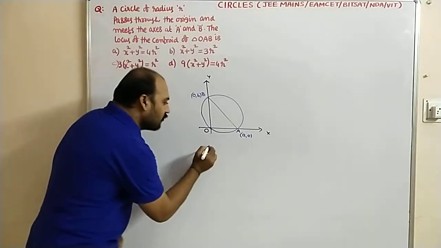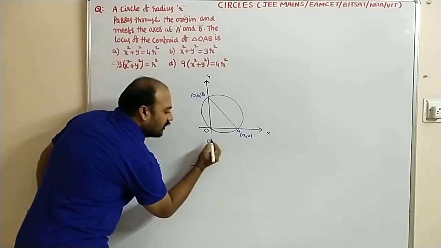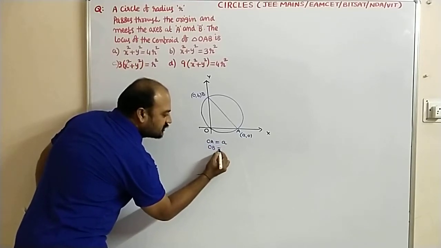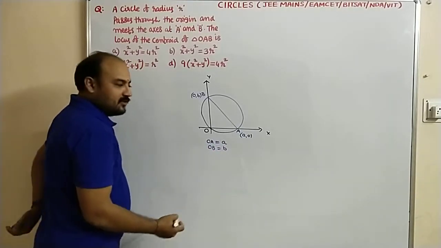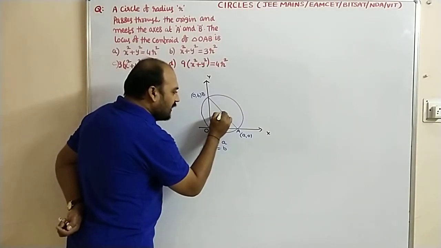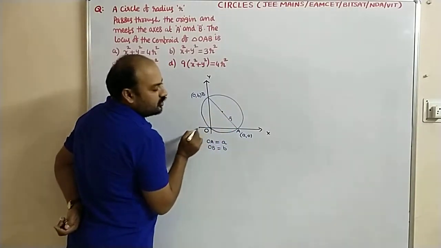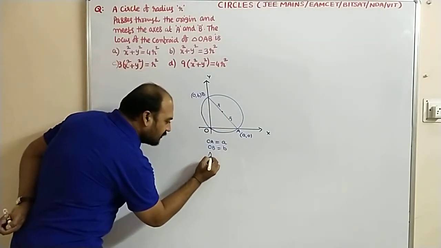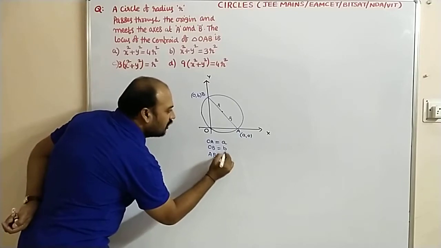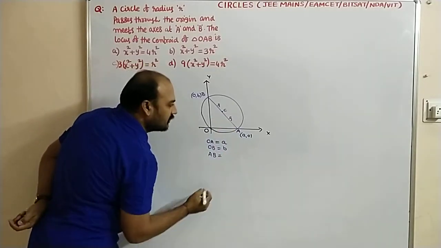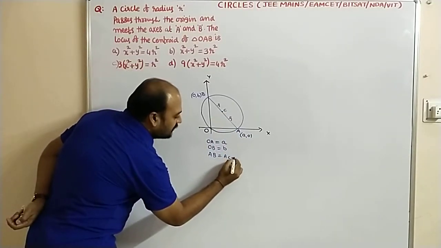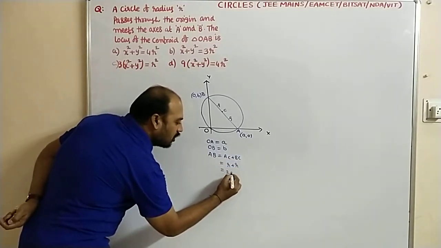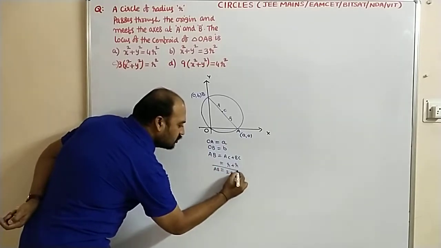That means OA is equal to a and OB is equal to b. The circle radius is r, so since AB is a diameter, with center C, AC plus BC is R plus R, so AB is equal to 2R.